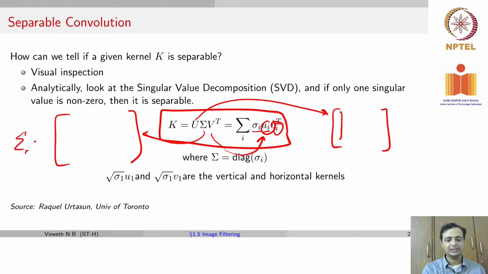If sigma is your diagonal matrix, given by sigma 1 till sigma k, assuming K is a k cross k matrix, then this is your standard singular value decomposition. So if you write out the singular value decomposition of K, then it happens that root sigma 1 u1 and root sigma 1 v1 will be the vertical and horizontal kernels. Try working this out to see if this actually works with the two examples that we saw a couple of slides back, the Gaussian kernel and the edge kernel.